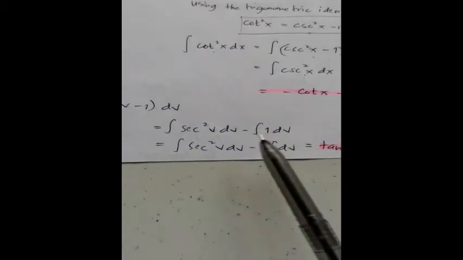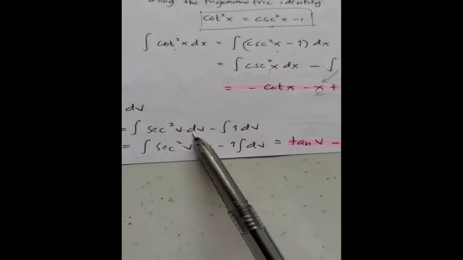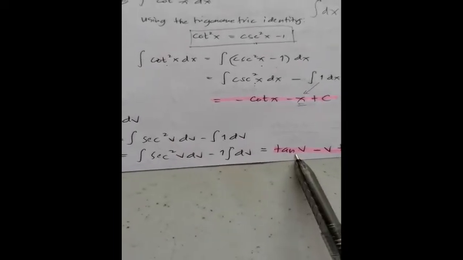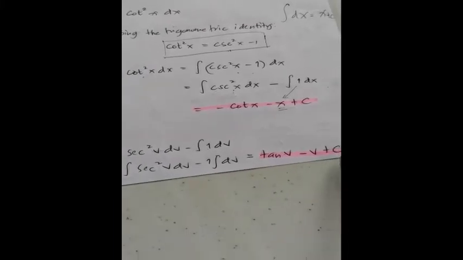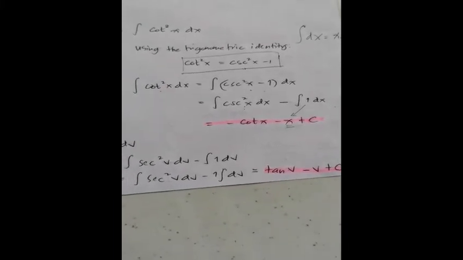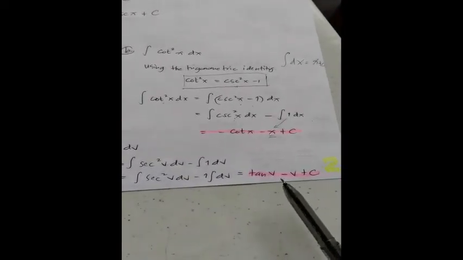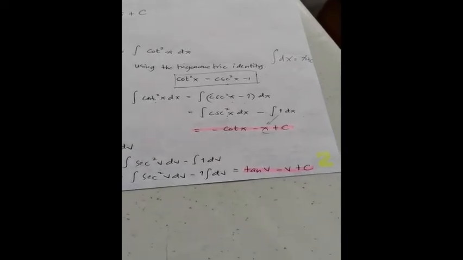So, it implies that the integral of secant squared v is equal to tangent v. And then, the integral of 1 dv is equal to v plus c. So, therefore, the integral of tangent squared v dv is equal to tangent v minus v plus c. Okay?